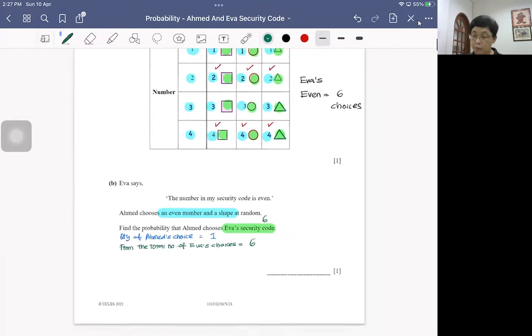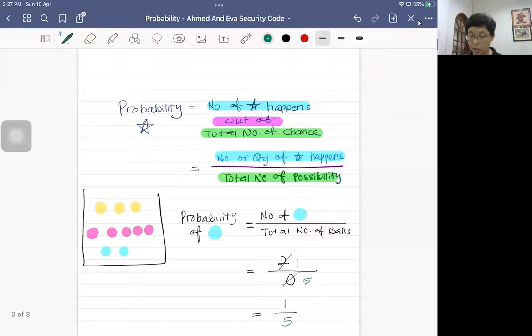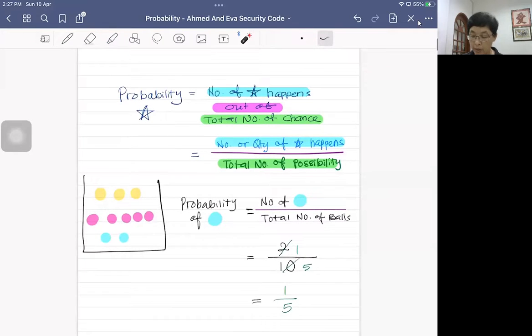Therefore, now fitting into the concept of probability, which is the number or the quantity of whatever things happen over the total number of choices.